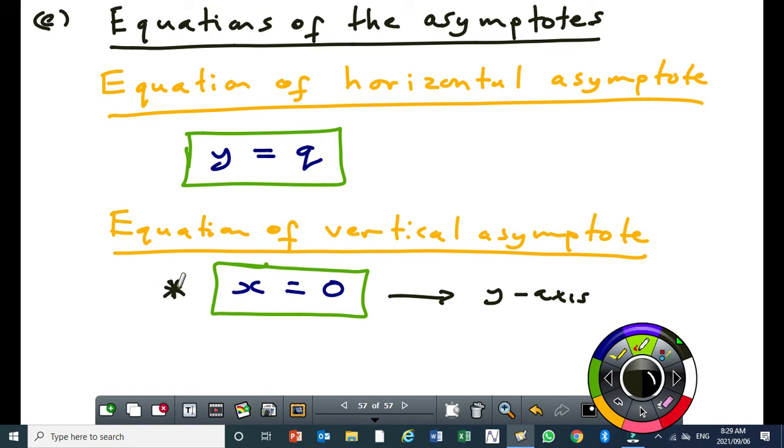Then, lines of symmetry. The hyperbola also has lines of symmetry, and there are two of them. Any question before I get on?